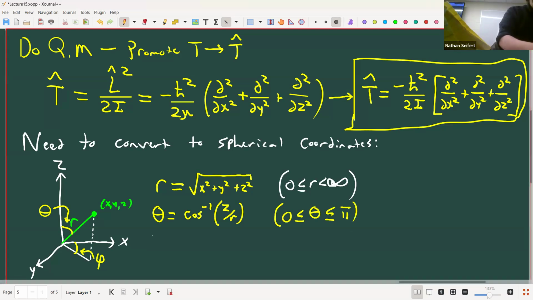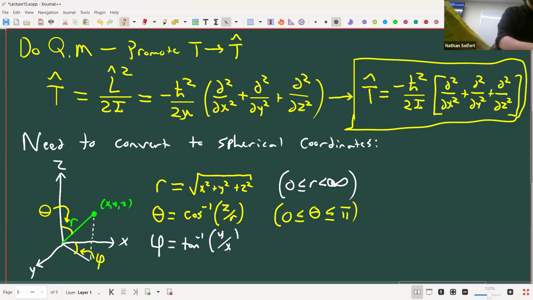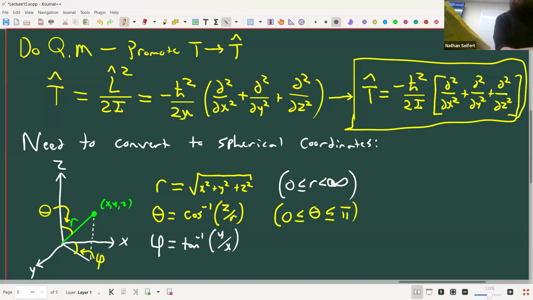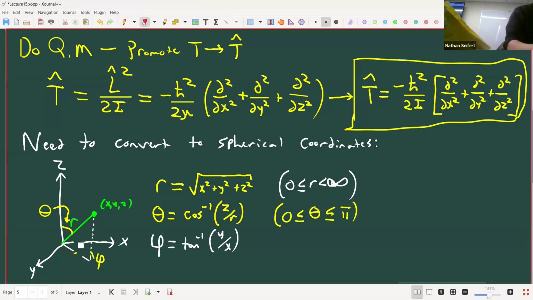And then phi, of course, is the inverse tangent of y over x. Oh, I see what I did wrong. Sorry, that's not right. Phi is the inverse tangent of y over x. I gave you x over y instead.